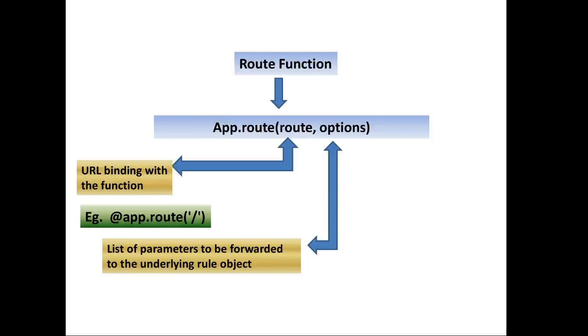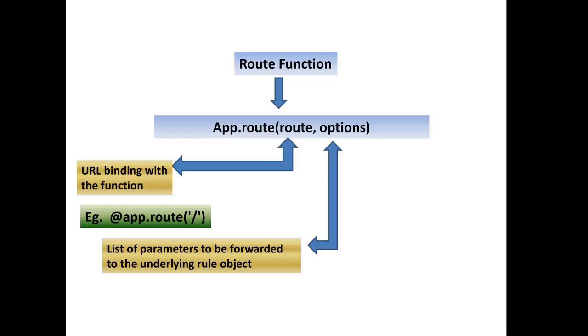The first parameter means the URL binding with the particular function. In the previous example, what did we write there? @app.route('/'). So slash was the URL, and this URL was associated with the function index.